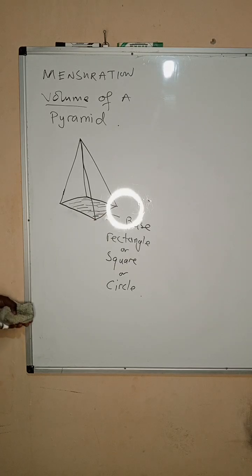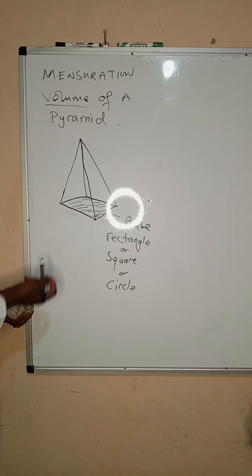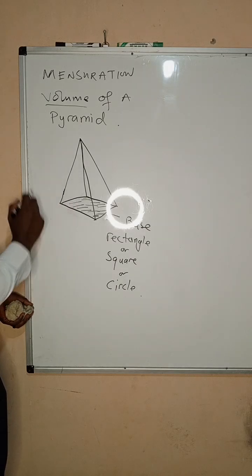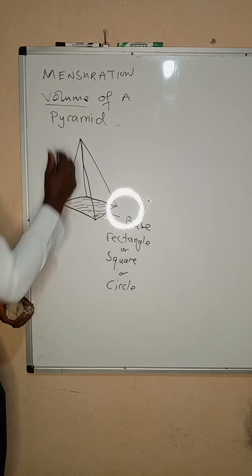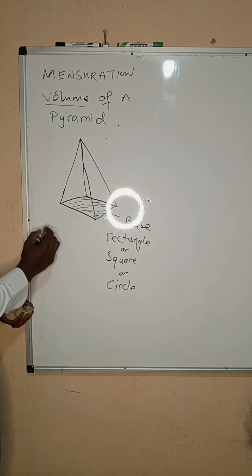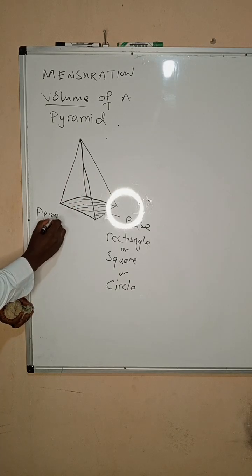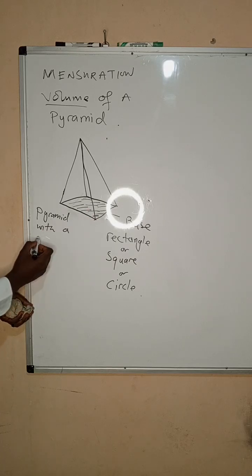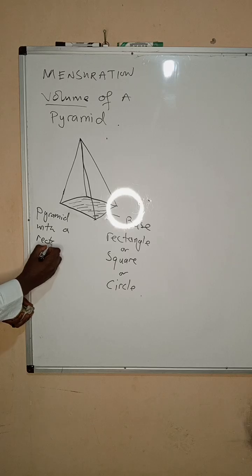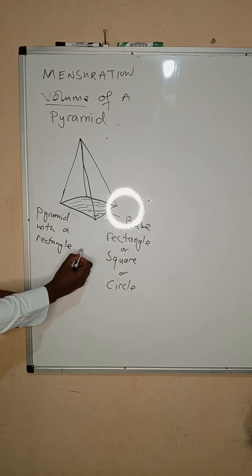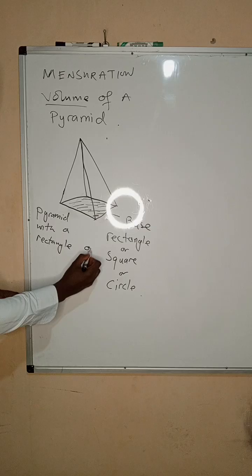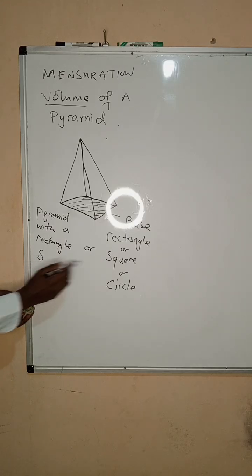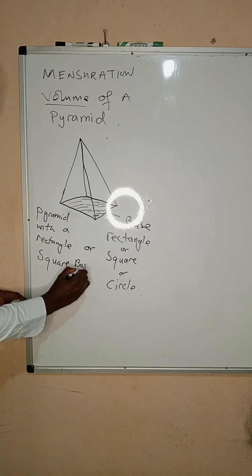So I can call this part 1. So it's a form of pyramid, and I'll write here: pyramid with a rectangle or square base.